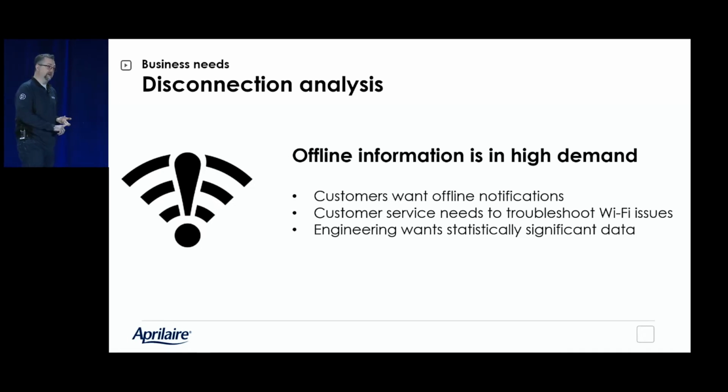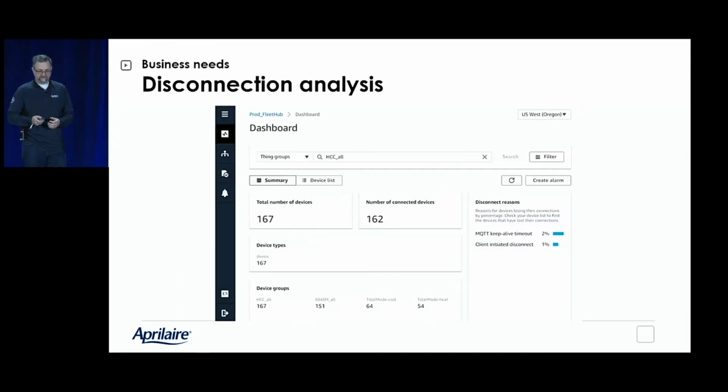Customer service has come to us and said that they want to be able to troubleshoot why a customer might have Wi-Fi connection issues. And then finally, engineering, right? We want to work on statistically driven decisions. We want the data behind it to tell us what is really going on.